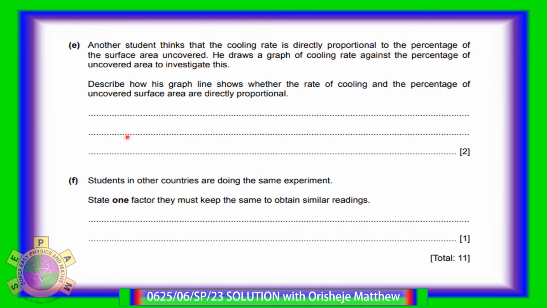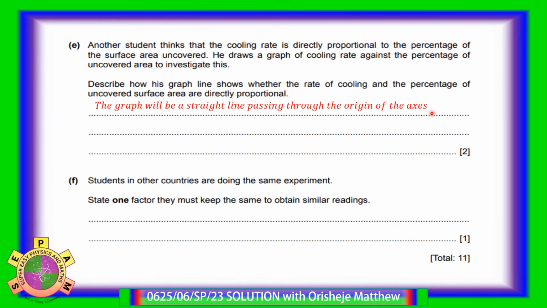What they are trying to say here is you just draw the graph. The graph line will be a straight line passing through the origin of the axes, because they are in a directly proportional relationship. So we are looking at the cooling rate as a function of the surface area uncovered.